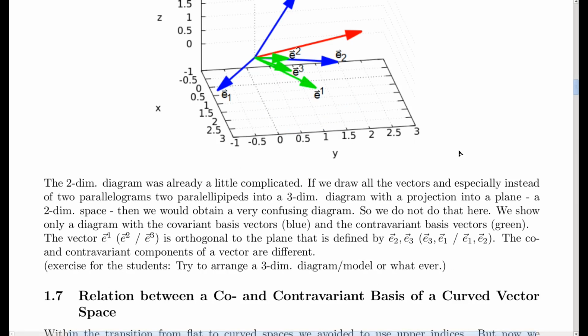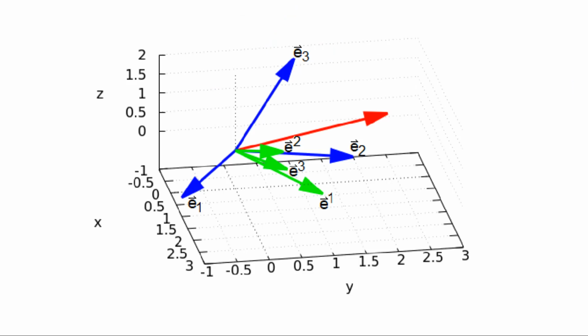And we don't draw the parallelepipeds into this diagram because it would be too confusing to have all the lines here. Now this is an exercise for students. Try to arrange a three-dimensional diagram or model or whatever to make that clear.